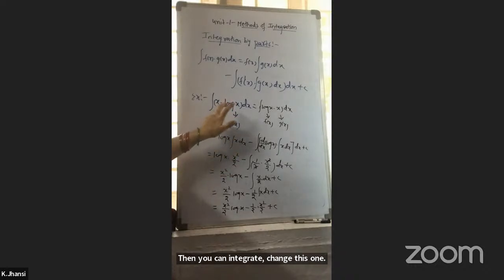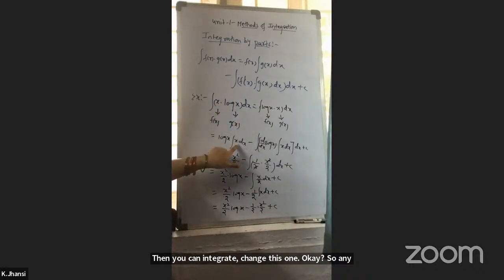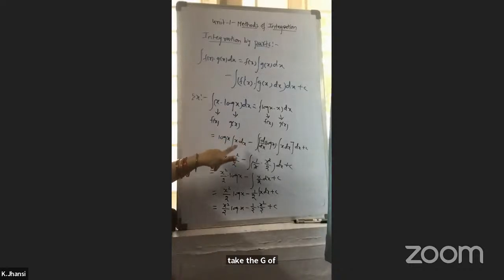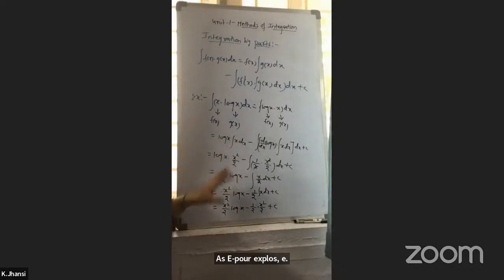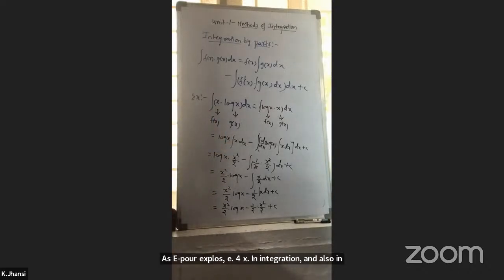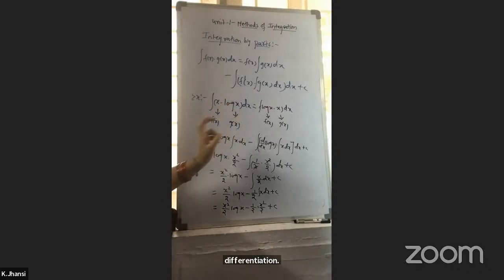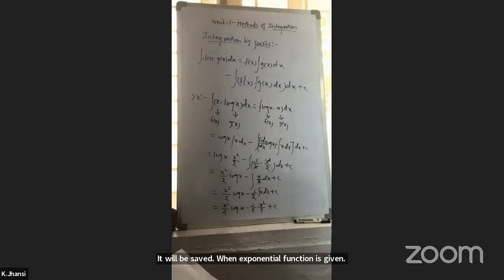Even if e power x and sin x are there, for such problems also you take the g of x value as e power x. Why? Because e power x is the same in integration and also in differentiation. When an exponential function is given, you try to take it as g of x. Such type of examples you also have in your textbook, you can see them.